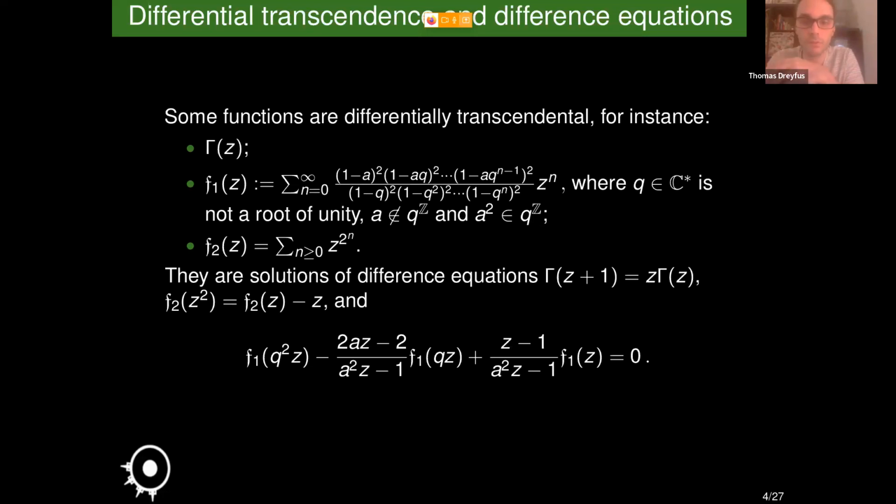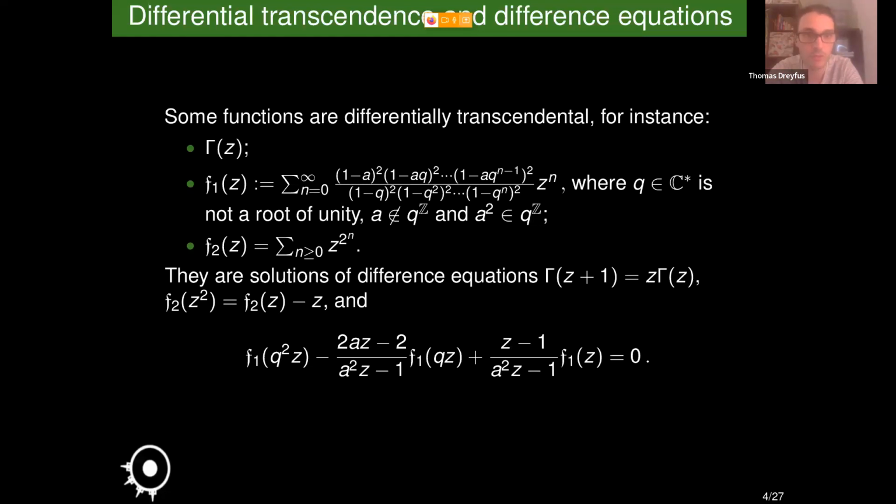You have proofs of differential transcendence of some functions. The oldest one is due to Hölder for the gamma function. So the gamma function is differentially transcendental. And I've given two other examples, f1 and f2. f1 is a q-hypergeometric function, and Ardouin and Singer proved that it's differentially transcendental.